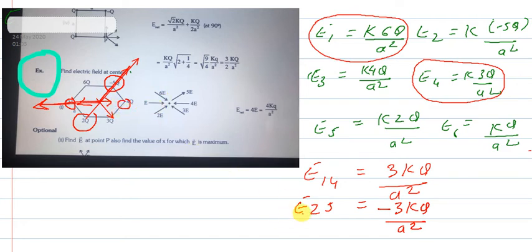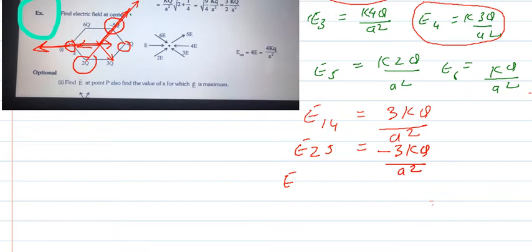So how will you write E46? E46 equals 3kq upon a square.